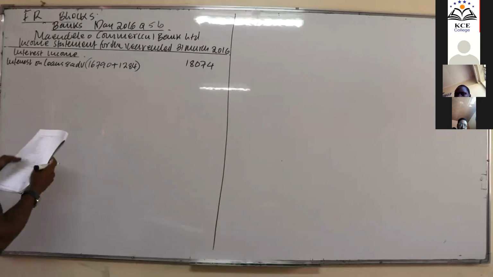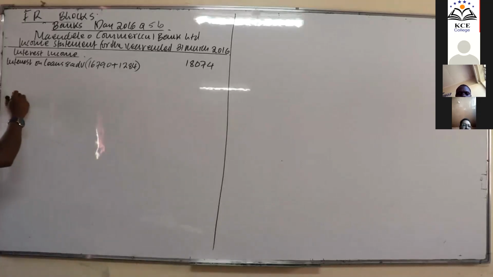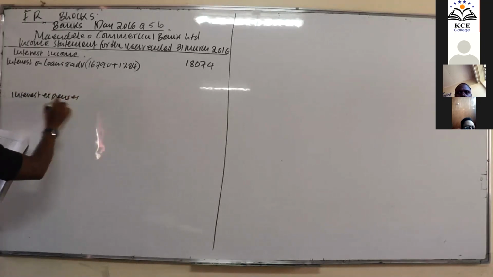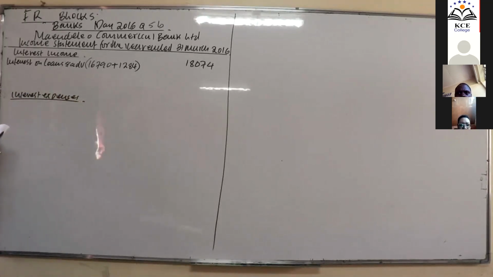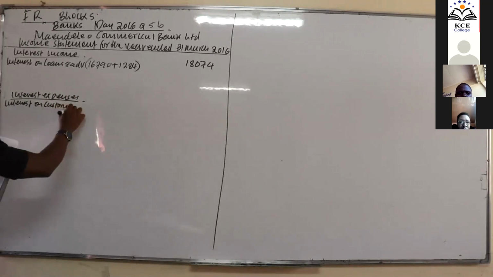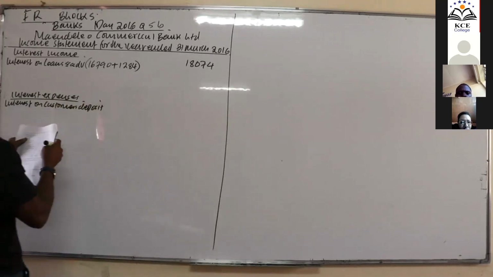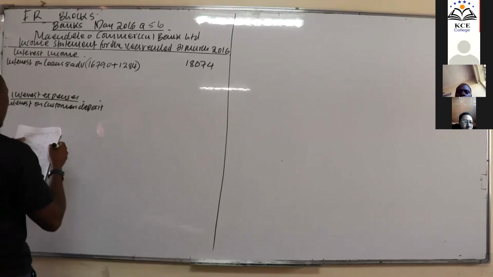Then any other income? Also you'll be deducting the interest expense. Then we have interest on customer deposits. That's an expense. Interest on customers' deposits, how much is that?